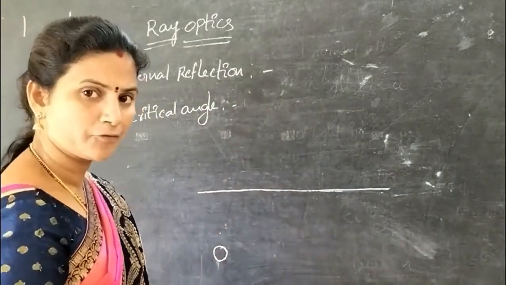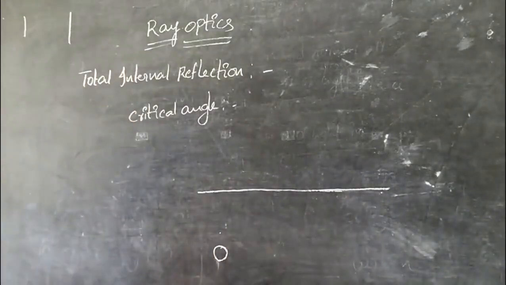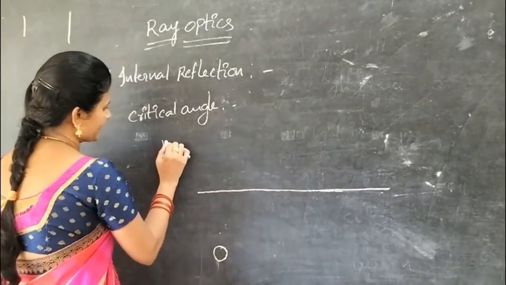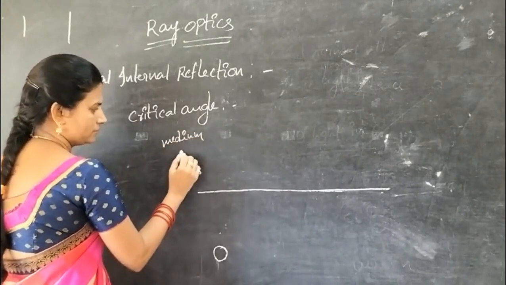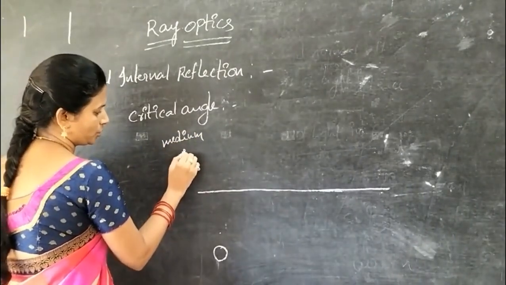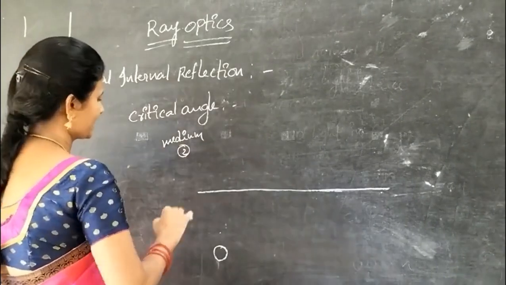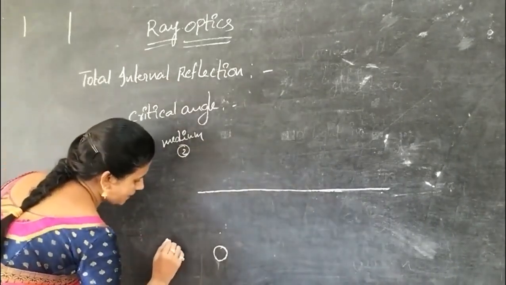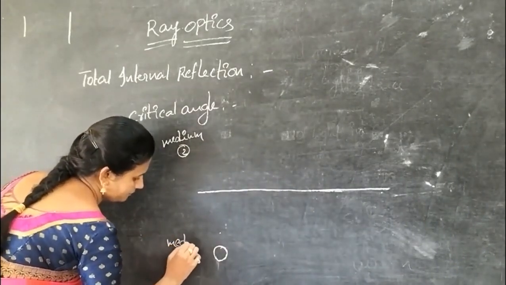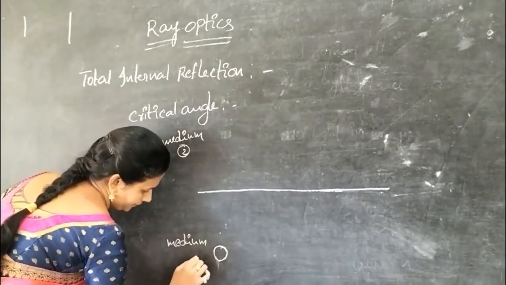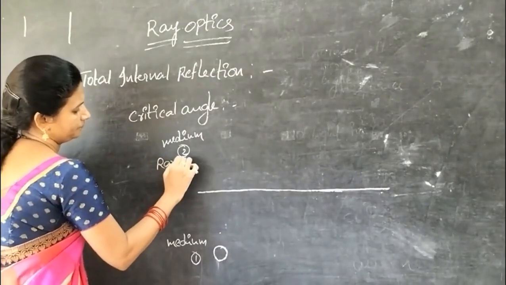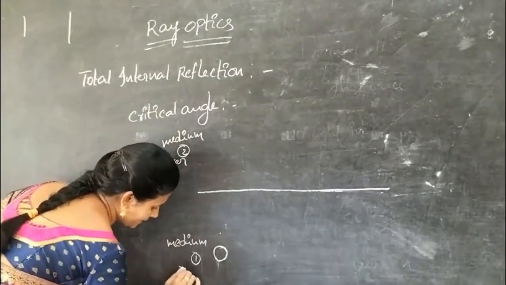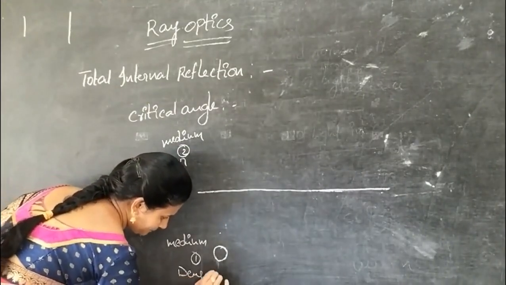The light rays are coming from this object. So this is medium 2. For example, this is medium 1. So this is a rarer medium and this is denser medium.